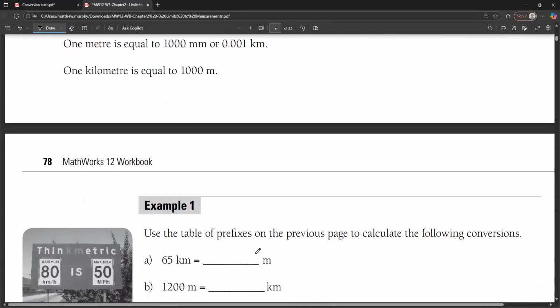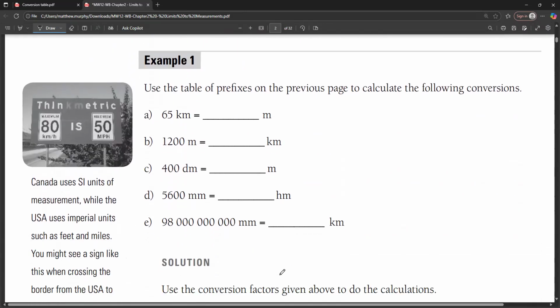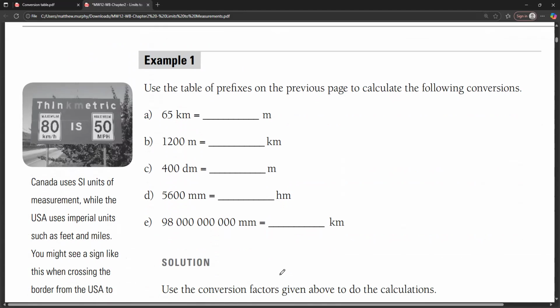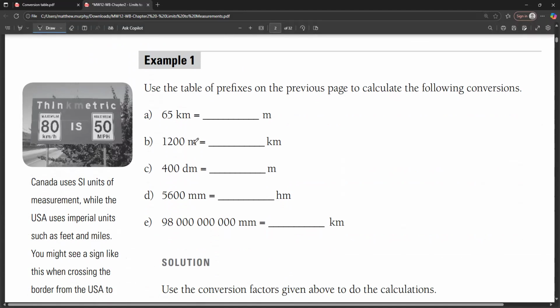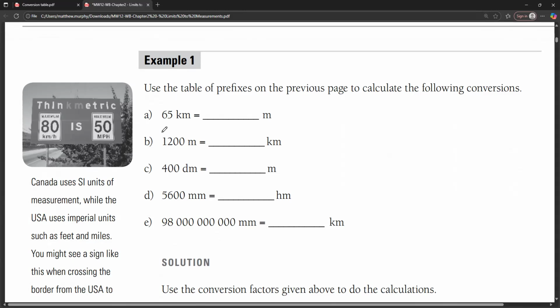Okay. So example 1, use the table of prefixes on the previous page to calculate the following conversions. Now, the easy ones for you are going to be the ones that involve either turning something into meters or going from meters into a different unit, such as B. And before I start, there's the move the decimal way to do things.